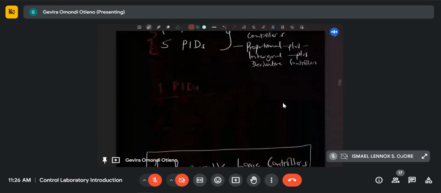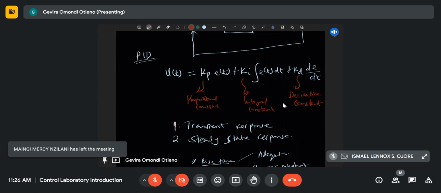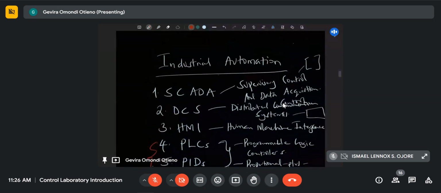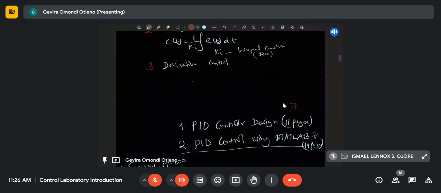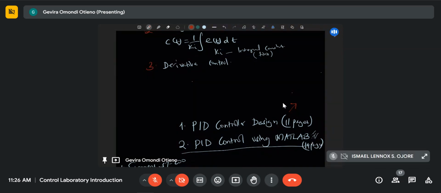And you will see that by changing Kp, Ki, and Kd, you will be changing how the graph appears, up to a point where you will see a graph that is considered the best in terms of achieving stability. Okay, so now you will just follow those instructions as they are. In fact, there is nothing much to do with the PID controller design except follow the procedure as put in your manual and put in the commands as put in the manual, and then observe and plot your graphs.